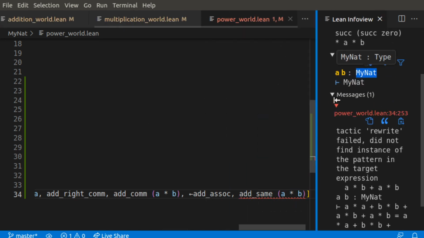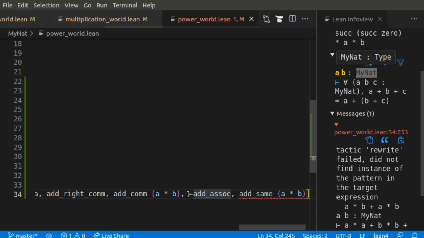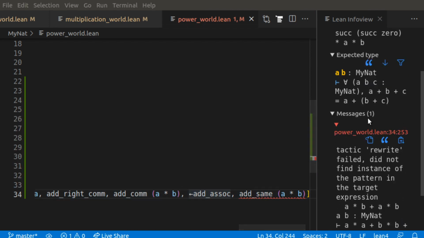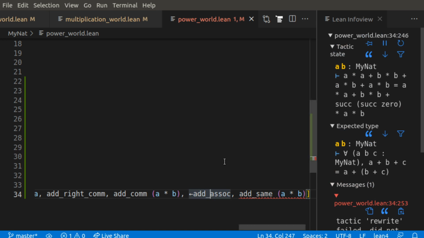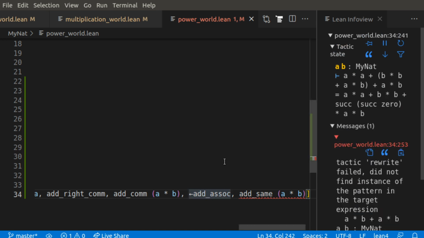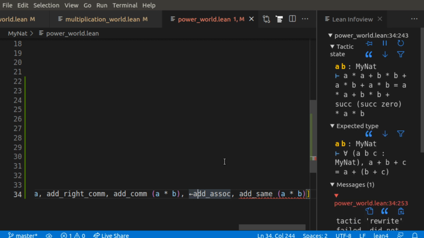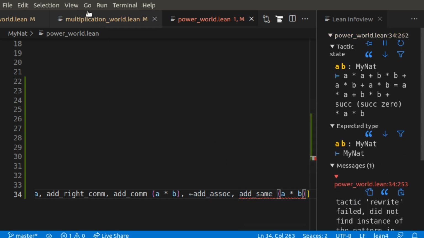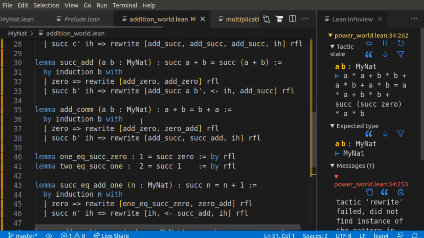What went wrong here? Are more parentheses in the wrong place? That might be it. After add associative, what changed? A plus B. Well, I want parentheses around the last two, A plus B, so how do we do that?